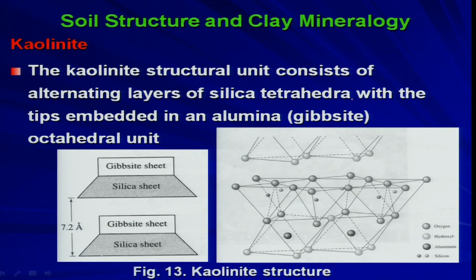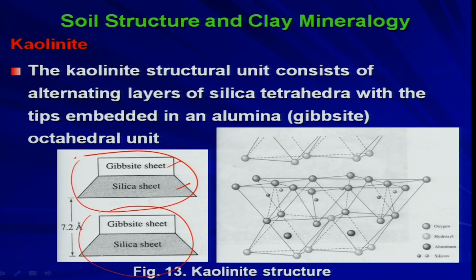Now, if you look at this, this is a kind of symbolic expression. That means there is one silica sheet, another one is the Gibbsite, that is the alumina sheet, and they are getting stacked together in an alternating arrangement. So, you get this kind of block and then another unit will be this, and they will be stacked together to form the kaolinite group.